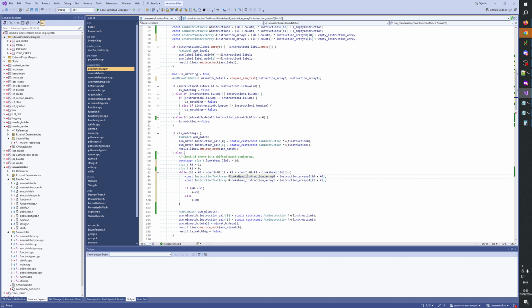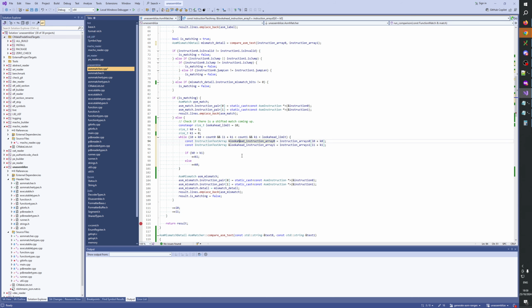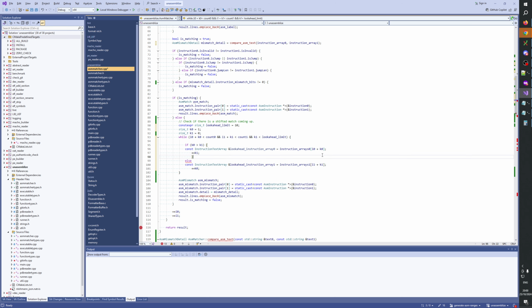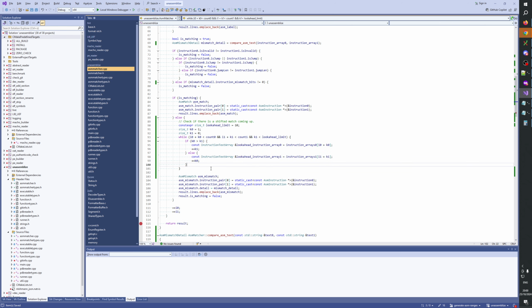So if K0 is bigger than K1, it means we are now looking ahead on 0, right? So we move this guy in here, and the other one we move in here. Then we need to put here the brackets. Good.